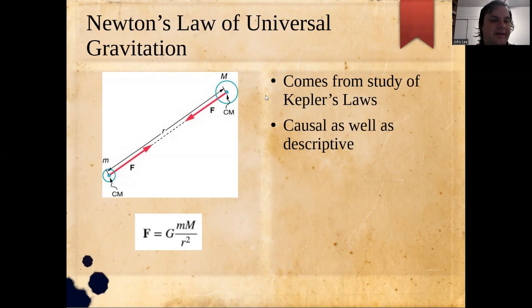So the acceleration due to gravity, as I said, was constant near the surface of the earth, because near the surface of the earth, the distance between you and the center of the earth doesn't change much.